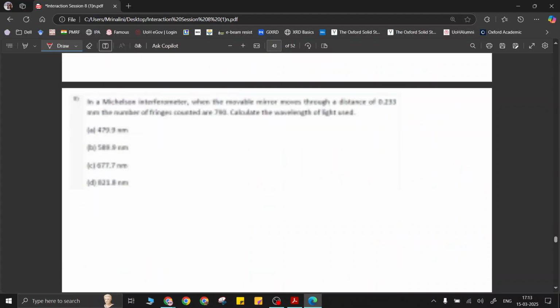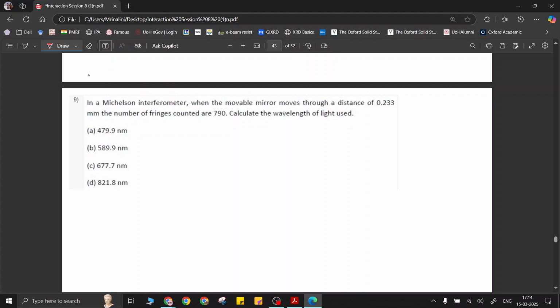Next question is in a Michelson interferometer. So now we were doing till now on Fresnel's biprism and Newton ring. Now the question is on Michelson interferometer, where we are using the mirrors. So in this question, we are using a Michelson interferometer.